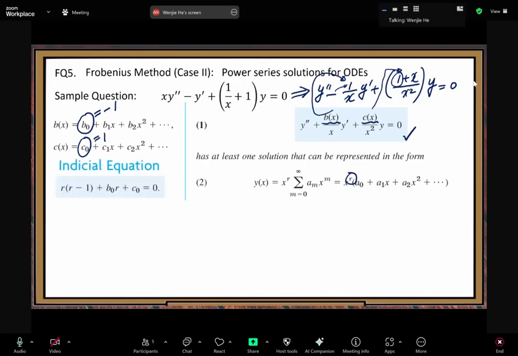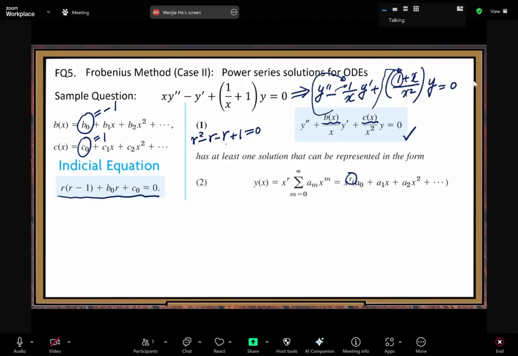This is the definition of the indicial equation. Using this equation, we can find the 2 possible solutions, R1 and R2, by solving this quadratic equation. So here, if I write R squared minus R minus another R times B0, negative 1, then plus 1 equals 0.